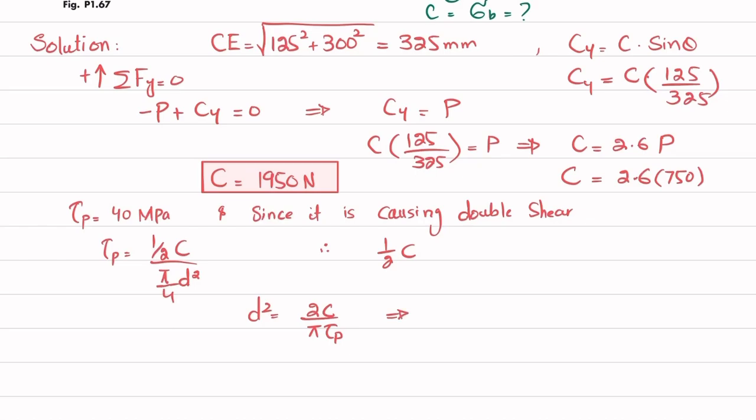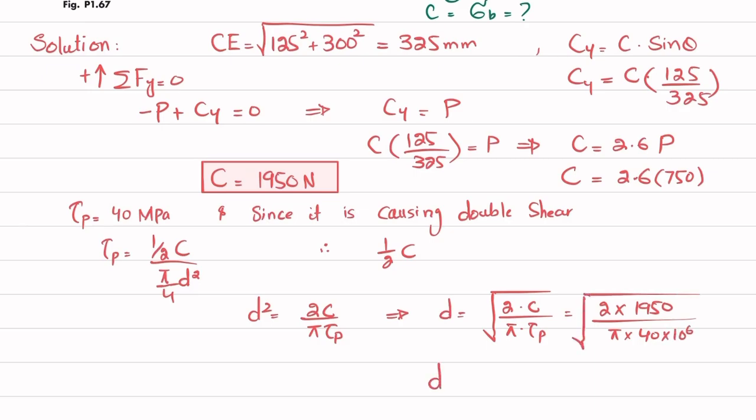So from here D will be equal to the root of 2 into C divided by pi into shearing stress in pin. Put the values: 2 multiplied by C is 1950, divided by pi into shearing stress, which is 40 megapascal, so 40 into 10 to the power 6, under the root.